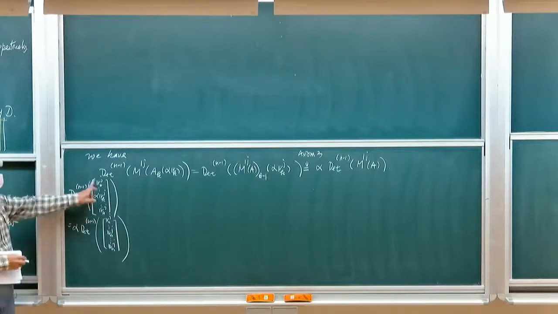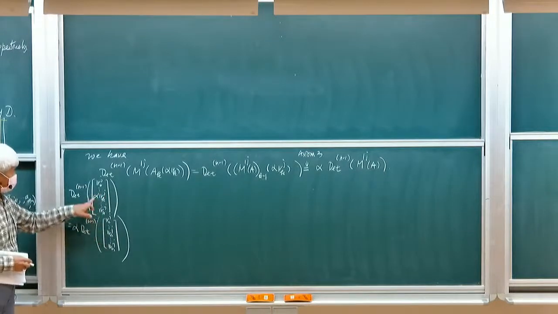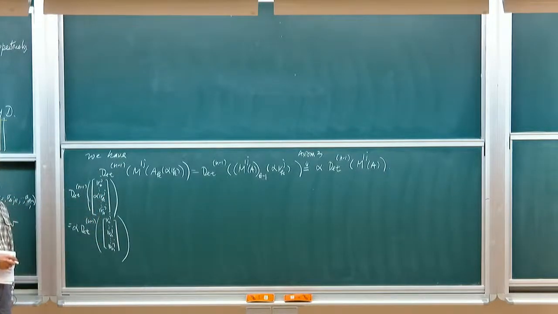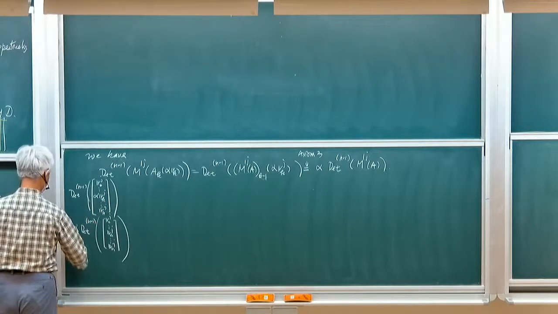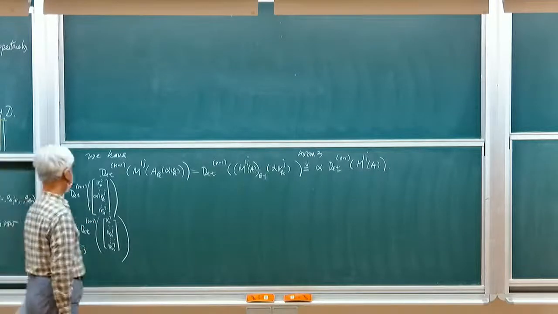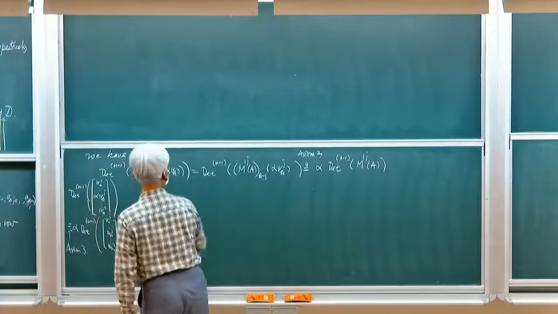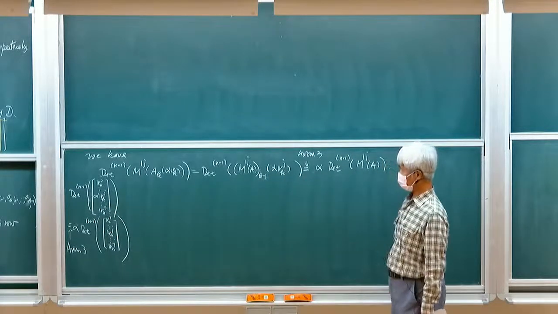So this matrix is just you scale the (k-1)th row by alpha. So by axiom number 3, you get this one. Okay, so when you look at this one, you will know that you have this idea.